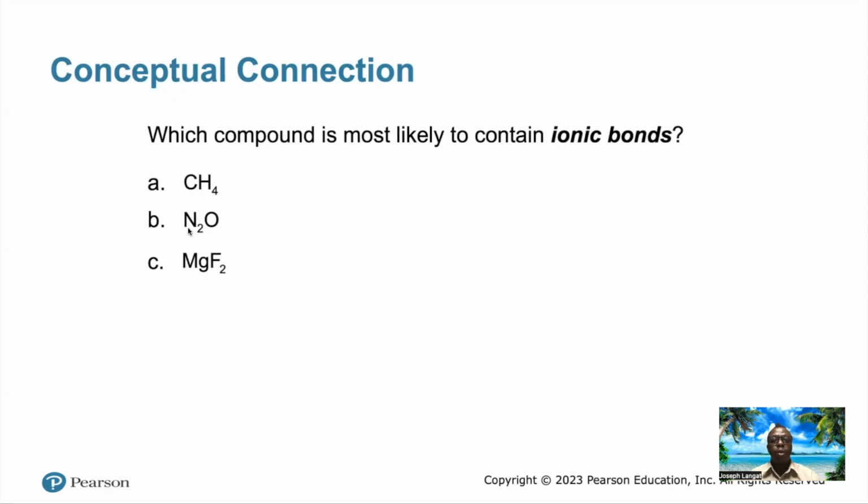Likewise for dinitrogen monoxide, we have two non-metals. Magnesium is a metal, fluorine is a non-metal, and the type of bond between a metal and a non-metal is ionic. So the correct answer here is C, magnesium fluoride.